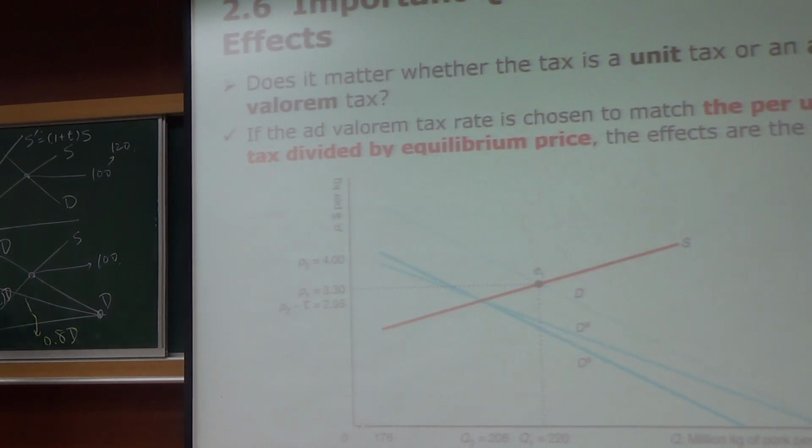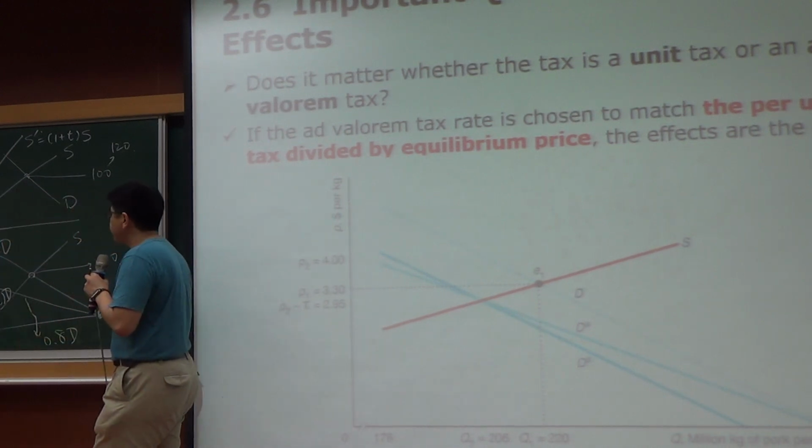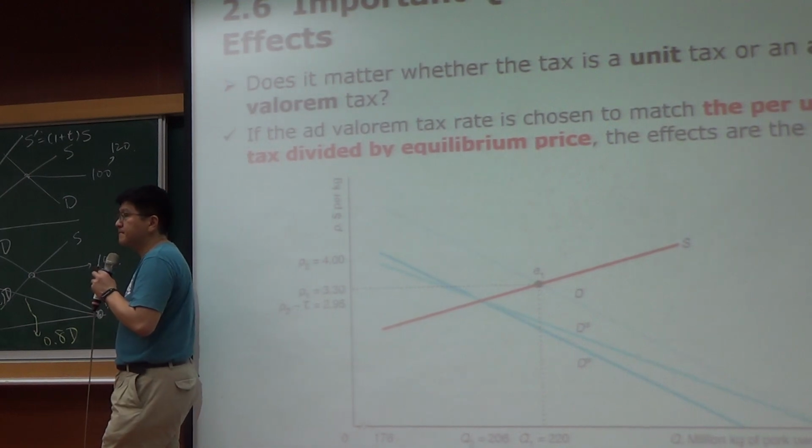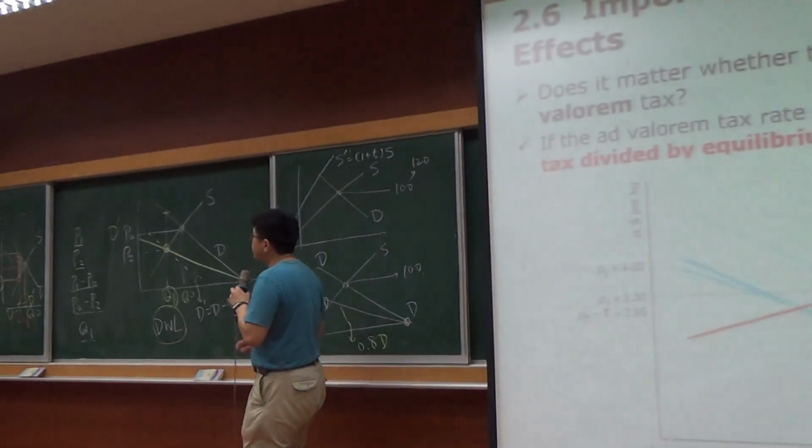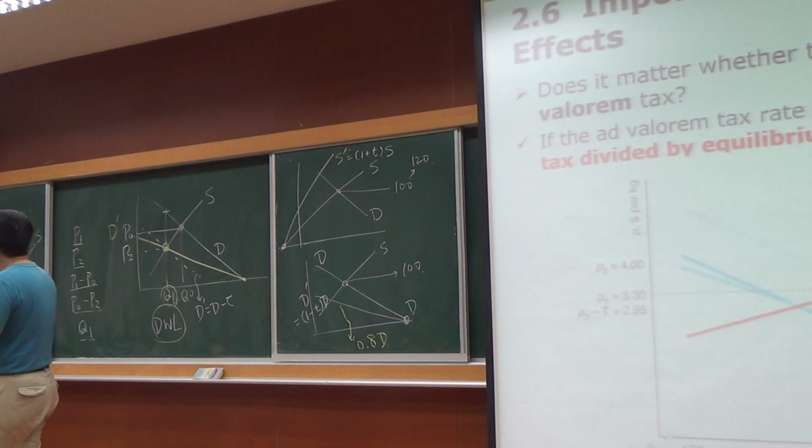We just make a straight line from the pivot, the vertical intercept here, because the price is 0, so proportionally downward. Okay? This is the way we may choose the tax rate. Any questions here?